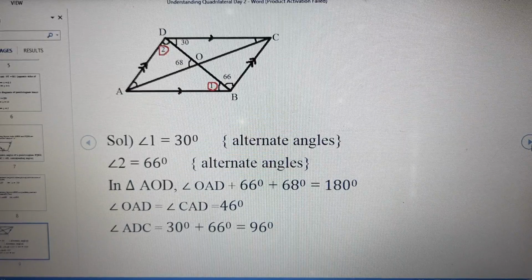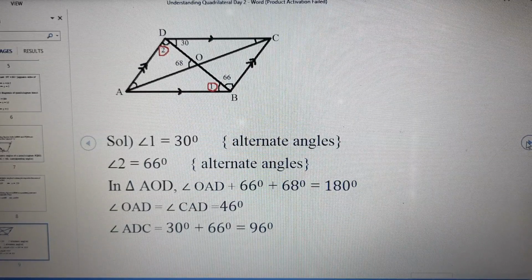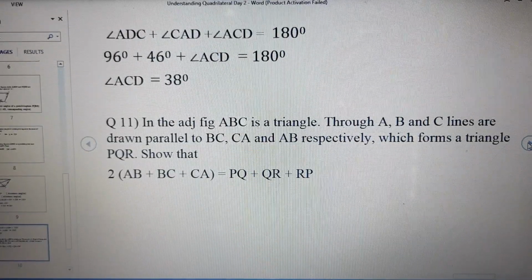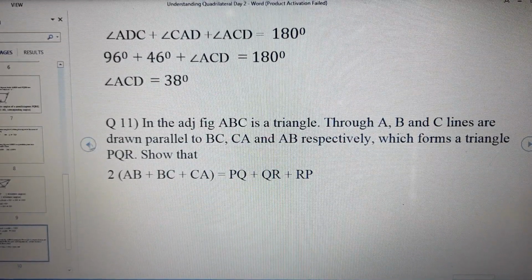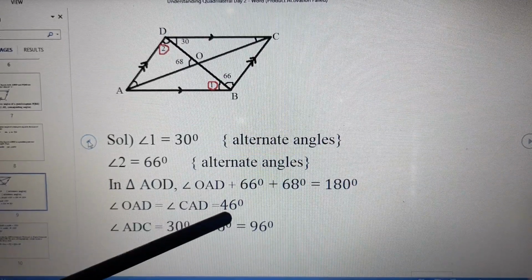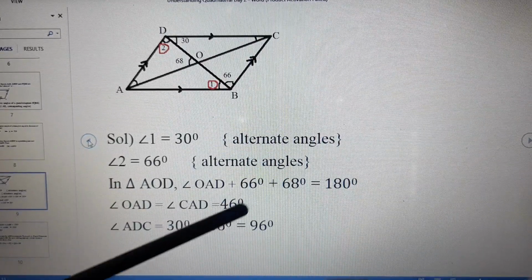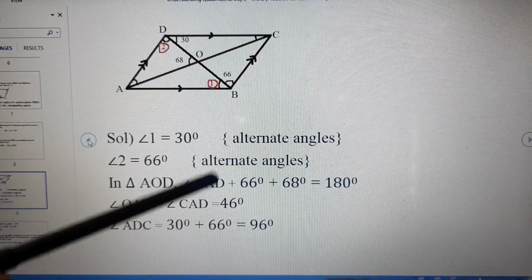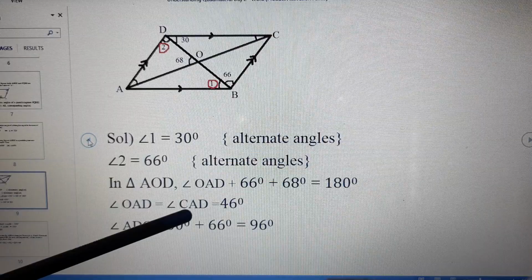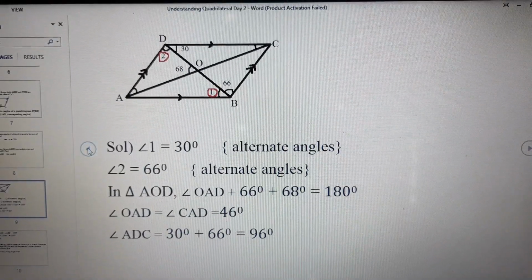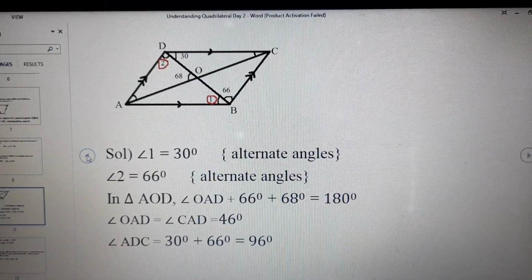So we can calculate this third angle with the help of angle sum property. OAD plus 66 plus 68 is equal to 180 degree. So OAD, or we can say CAD, is equal to 46 degree. Now the second angle which we have to calculate is ADC.